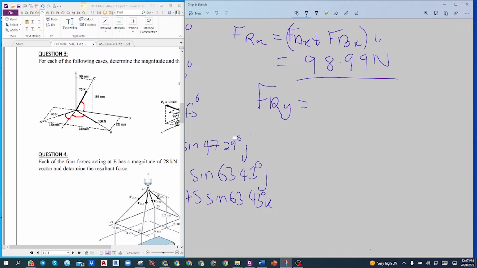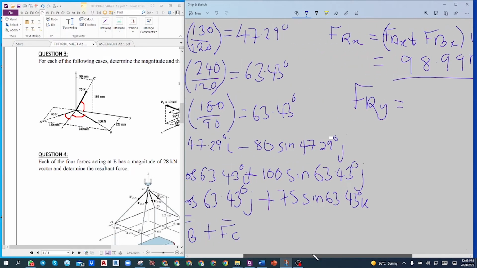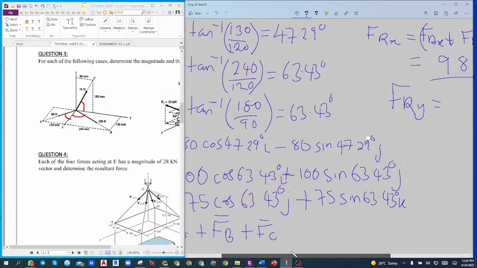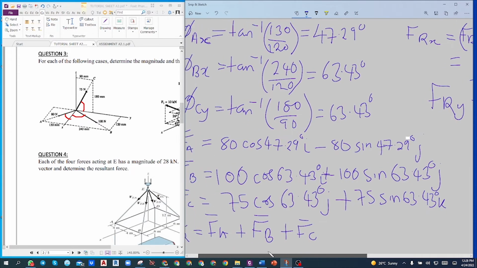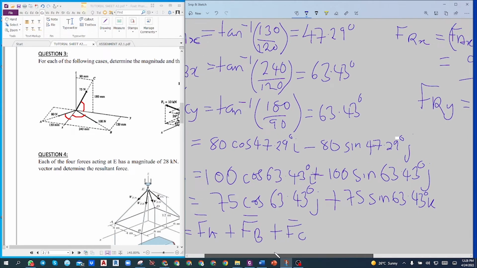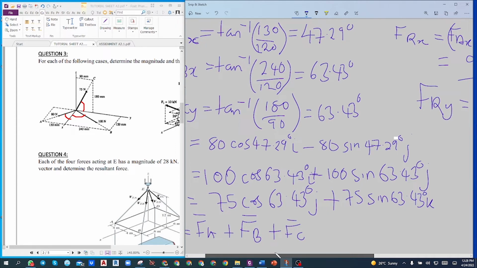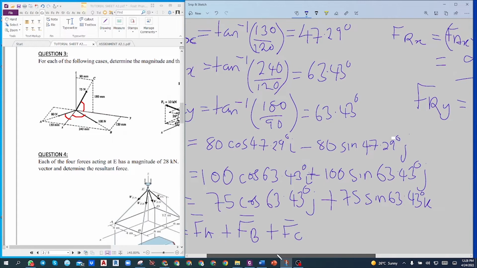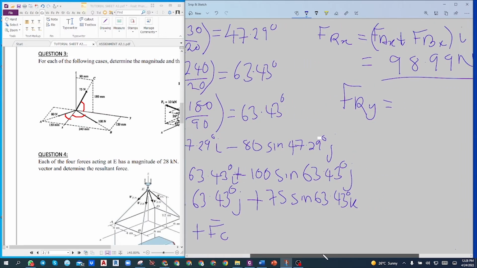FRy will be equal to, again, you add the three of them. Remember that for the FA, the y component is negative 80 sine 47.29, then plus 100 sine 63, and then plus 75 cos.